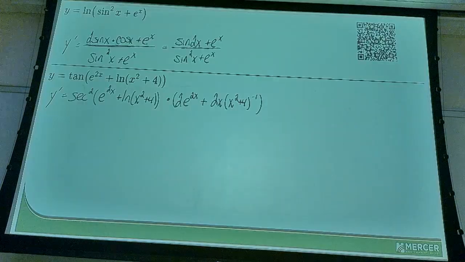Now we have to simplify. Can you take out 2? You can. We're still going to be left with, unfortunately, a sum, which is annoying.